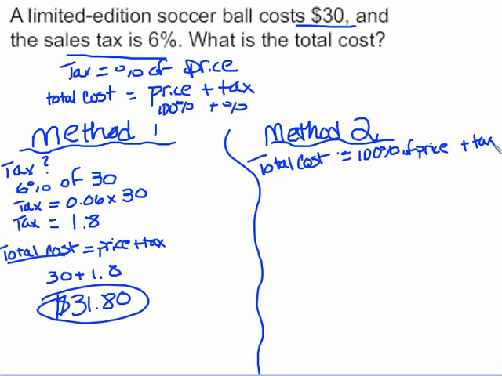Well, in that case, I know my total cost is going to be equal to 100% plus 6%. That means that I'm going to be paying 106% of the price.